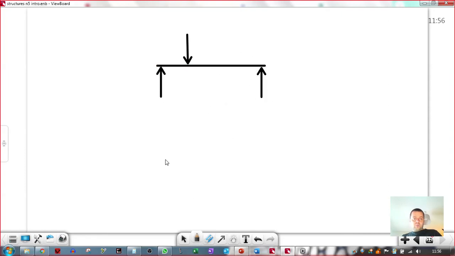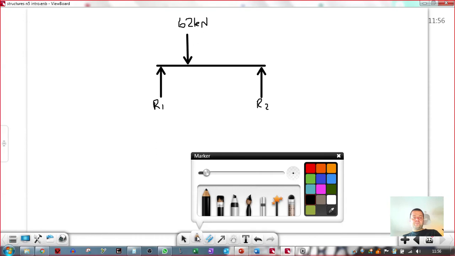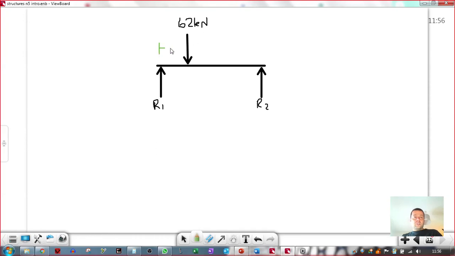They would be labelled something like R1 and R2, or RA and RB. 62 kilonewtons, right? And then they would give you a distance as well. They give you a couple of distances, so I'll tell you that one: 4.0 meters. Might tell you the distance of the total span. Let's call that 32 meters.